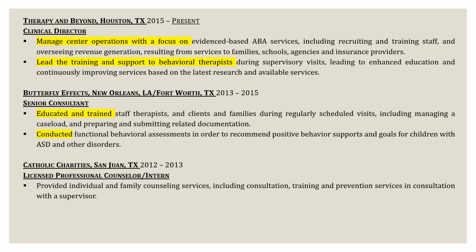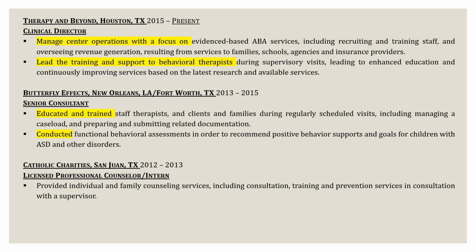And then the next one, educated and trained staff therapists, including managing a caseload and preparing and submitting related documentation, conducted functional and behavioral assessments in order to recommend positive behavior supports and goals for children with ASD and other disorders.